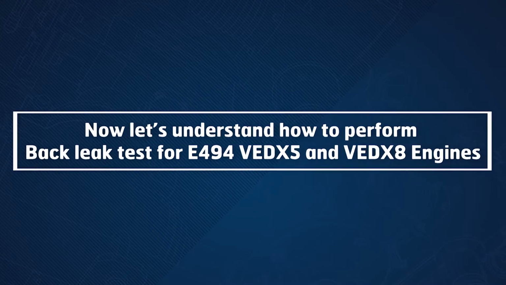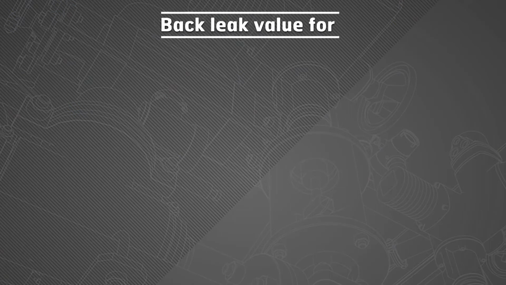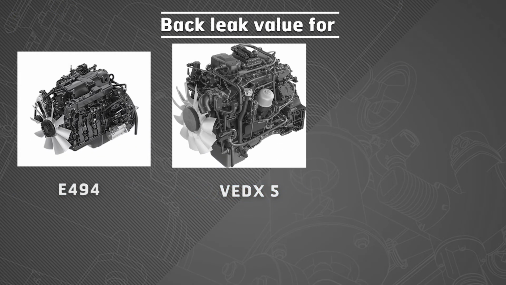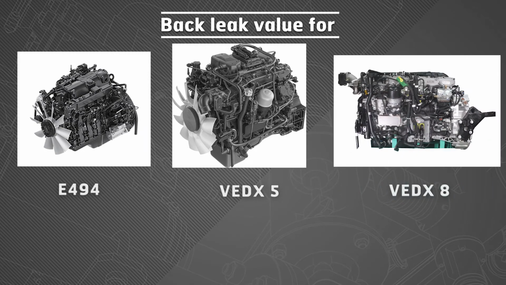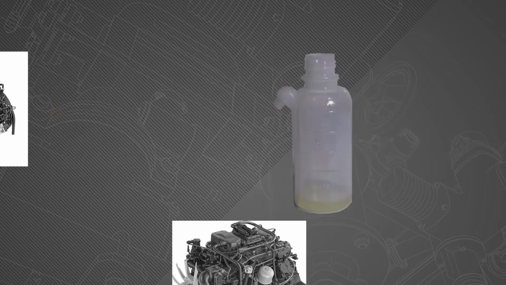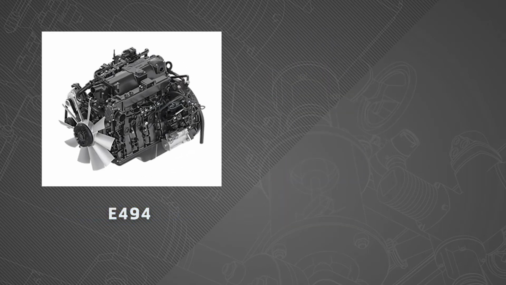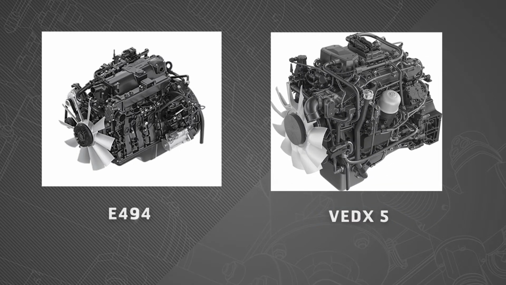Now let's understand how to perform back leak test for E494, VED-X5 and VED-X8 engines. Back leak value for E494 Bosch VED-X5 and VED-X8 engine should be 10 to 15 ml per injector. Check the back leak of injector for E494 and VED-X5 engine.